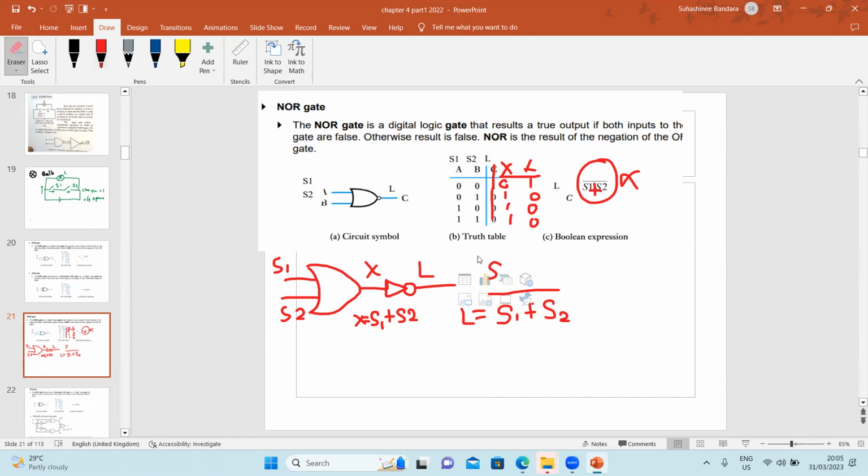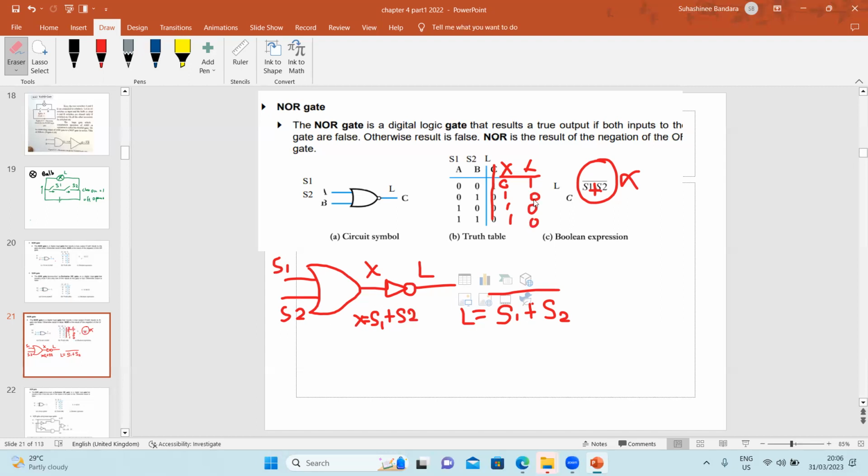Can you all copy down this one? Copy the note. The NOR gate is a digital gate that results true if both inputs to the gate are false. If both are false, output will be on. Otherwise, the result is false.